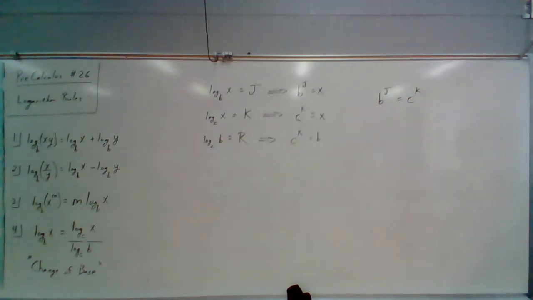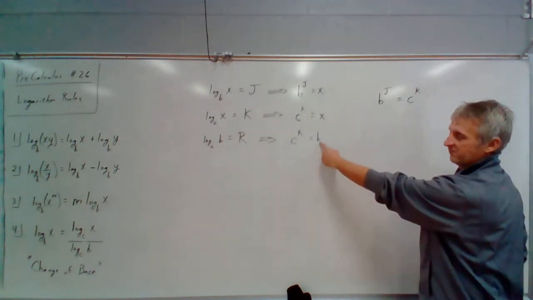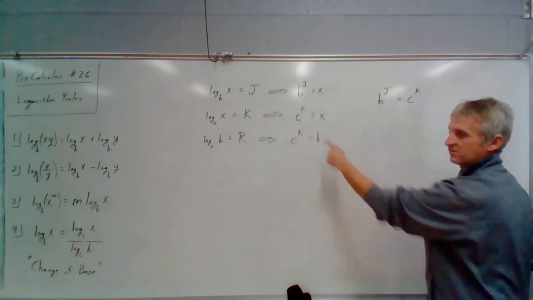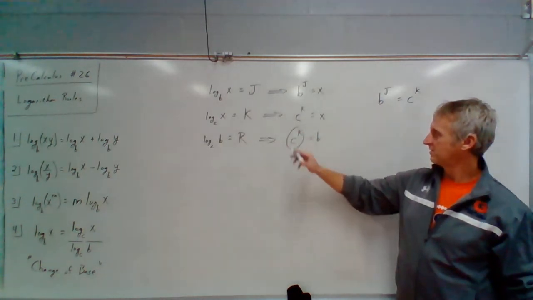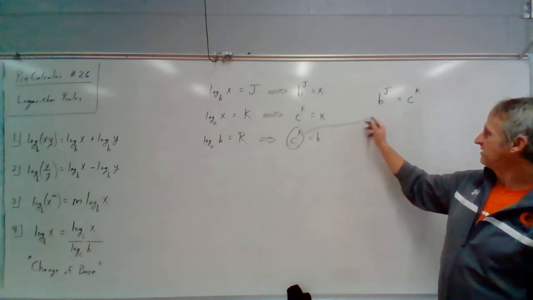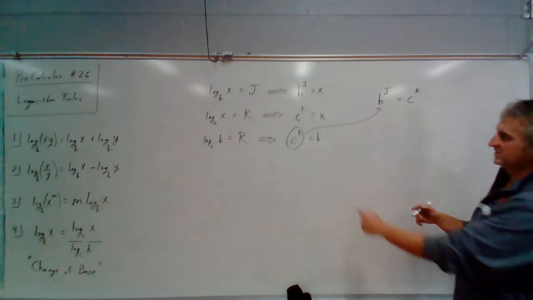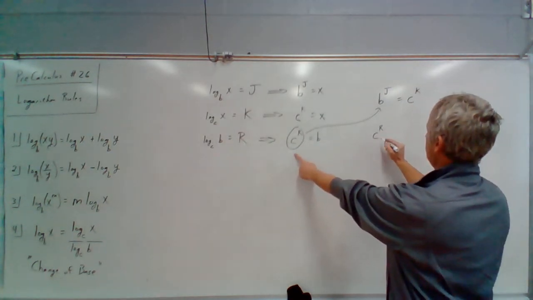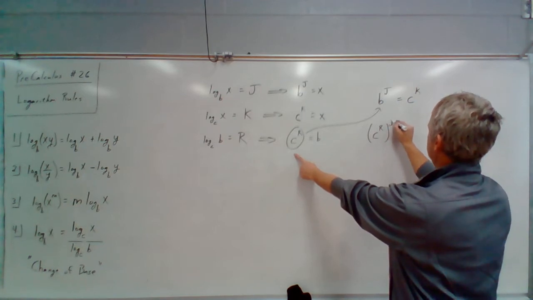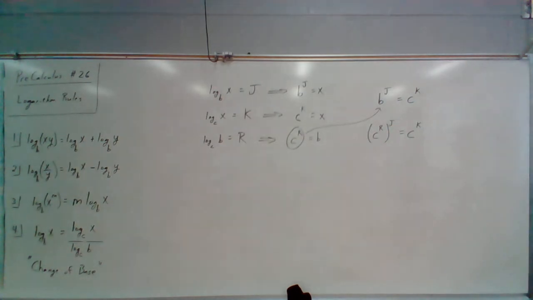All right, what else do I know? How can I use this third equation? Well, here I have a value of b. b is equal to c raised to the r. So maybe I can substitute this value of b right here. If I substitute this value of b, I'll have c to the r power to the j power is equal to c raised to the k.